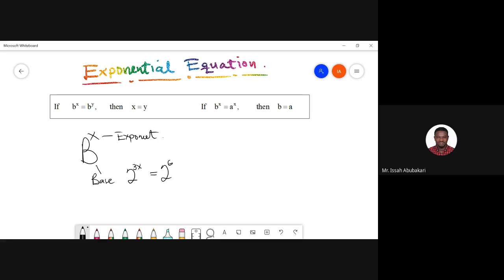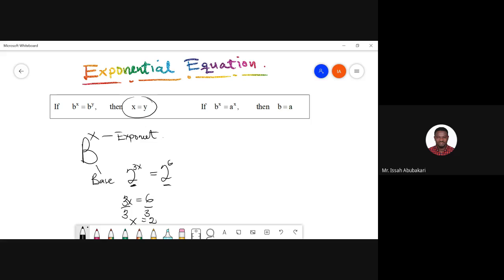Because the bases are the same, 2 and 2, we can write only the exponents: 3x = 6. Then we solve for x by dividing both sides by 3, and x is equal to 2.